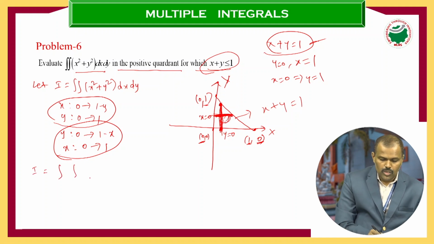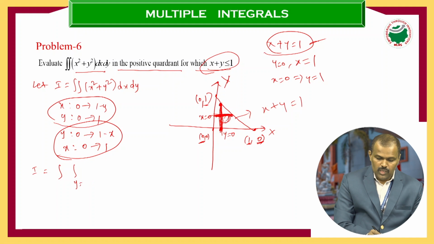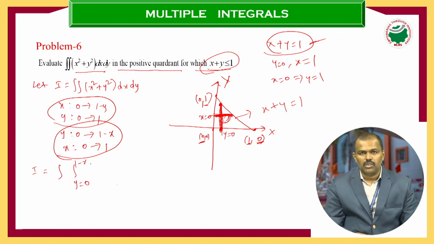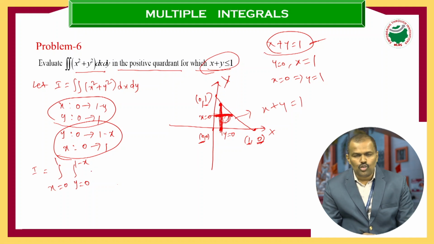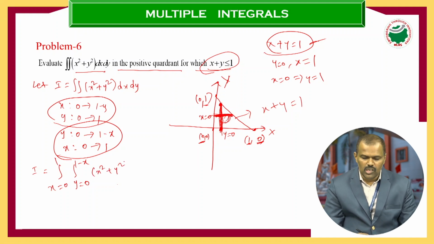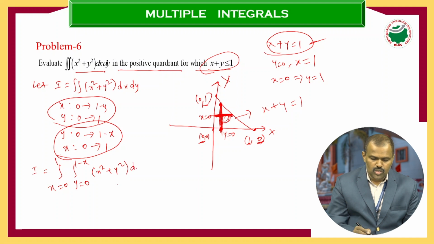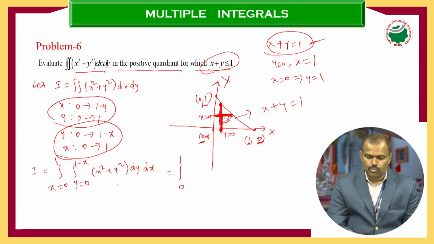That is the integral from 0 to 1 of x square into (1 minus x), substituting the upper limit and then the lower limit, plus (1 minus x) whole cube by 3. When I substitute the lower limit 0 in place of y, the whole answer is 0. So that is the integral from 0 to 1 of x square minus x square into x, that is x cube, plus (1 minus x) cube by 3, dx.